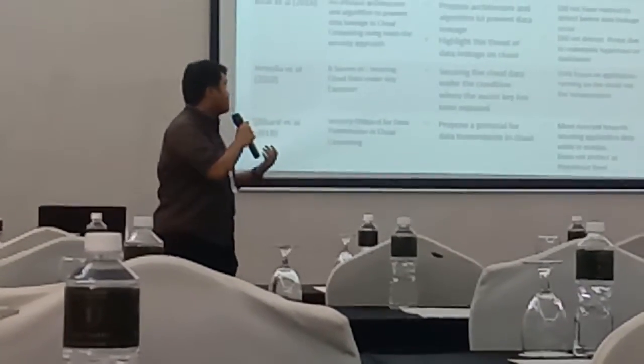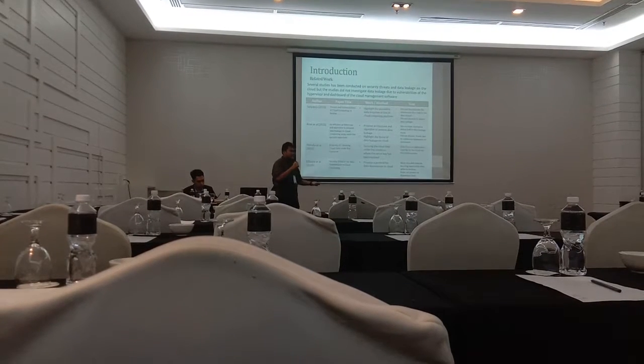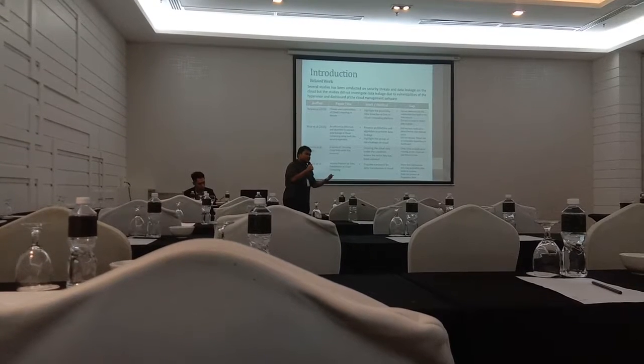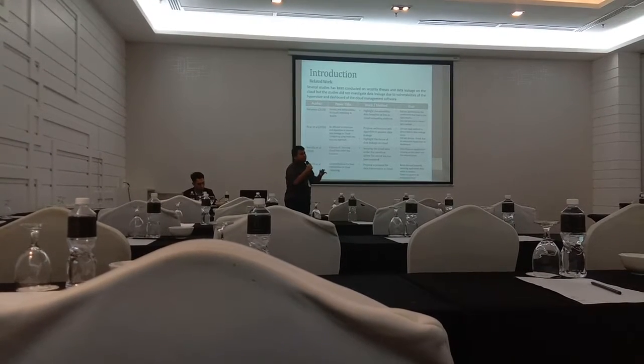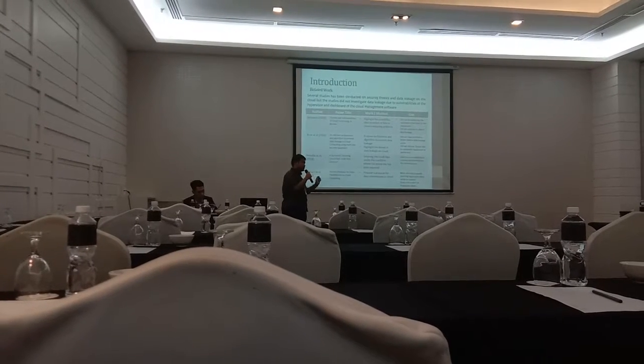The second paper proposes an algorithm to prevent data leakage, but there's a problem. How can you prevent data leakage before you can detect data leakage happening in the first place? So there's a gap in their research.